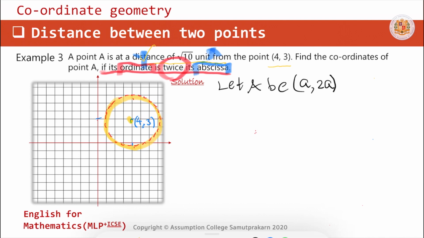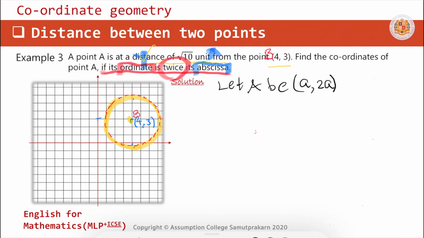So since the distance between 2 points, the distance between A and the point (4, 3), let's say the point (4, 3) is located at B, so let's say point B here.